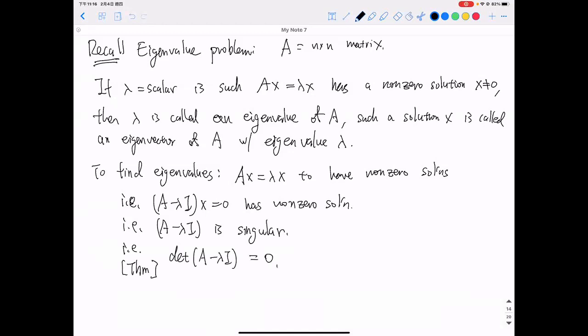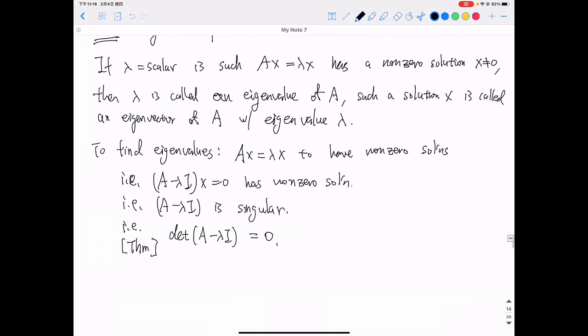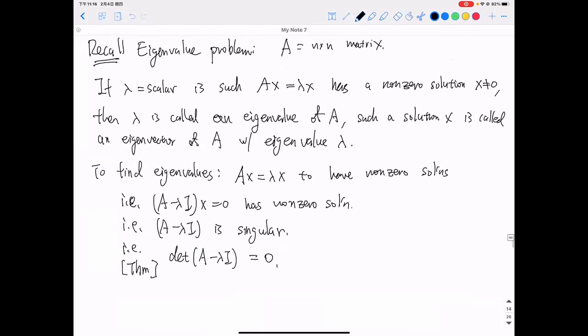So what are we talking about here? This is therefore the condition for lambda to be an eigenvalue.